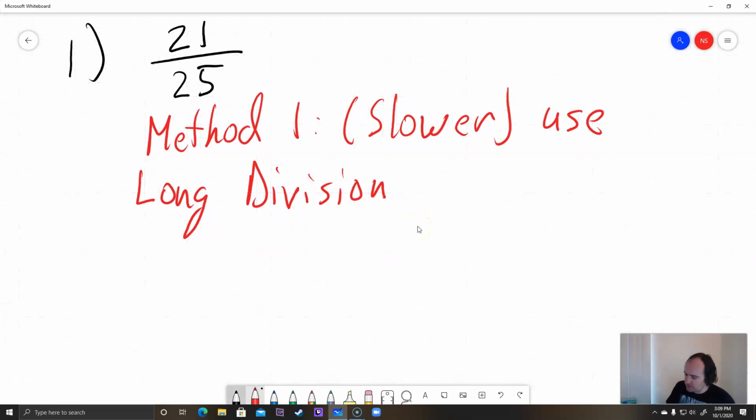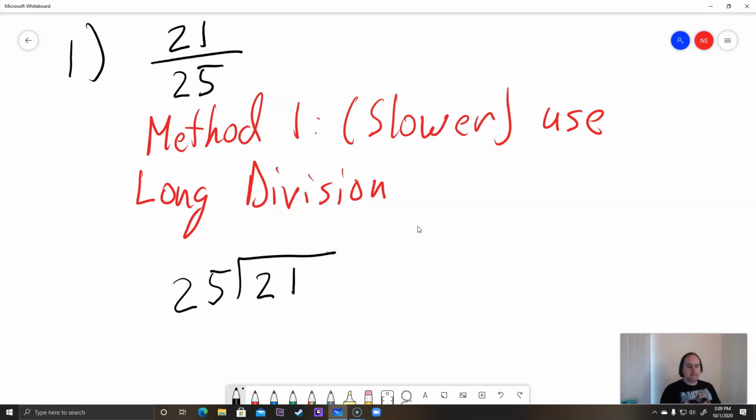So using long division, our numerator is 21, and our denominator is 25, so we're doing 21 divided by 25. Okay, and what we do here is to the right of 21, here's our decimal, and we bring our decimal straight up to here.